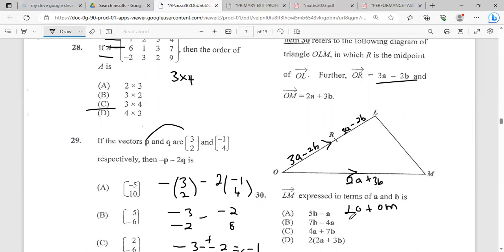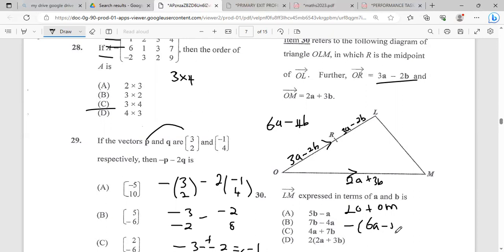So I'm just gonna put this as one size. I'm gonna add 3a and 3a, that's 6a minus 4b. That's the entire size, if you add both of them. So we add the like terms, 3a plus 3a and minus 2b plus minus 2b will give us this. So if we're going against the arrow, we'll put a minus in front of it.